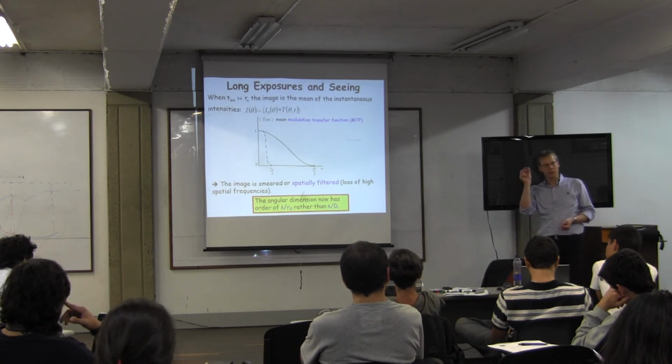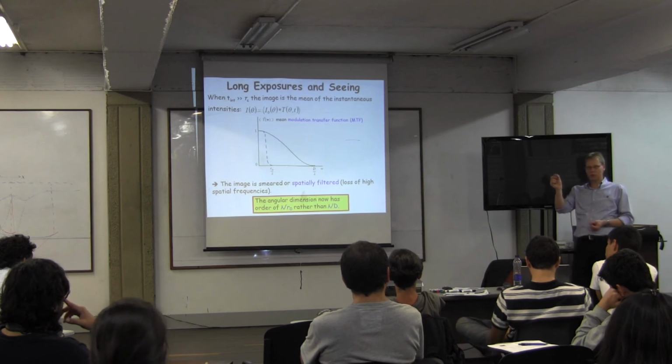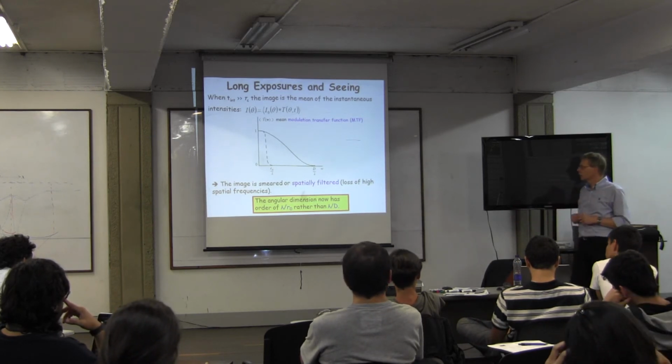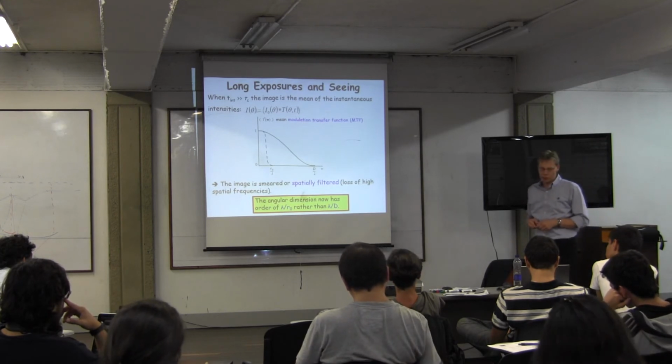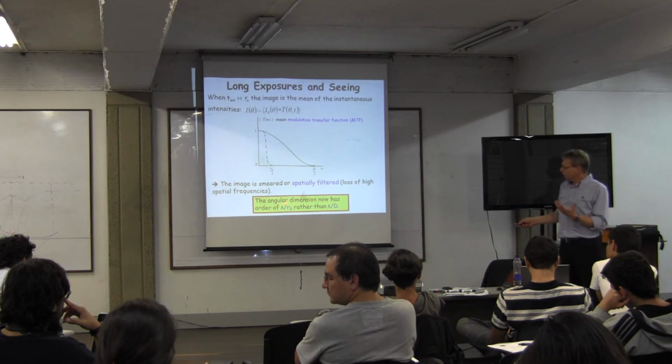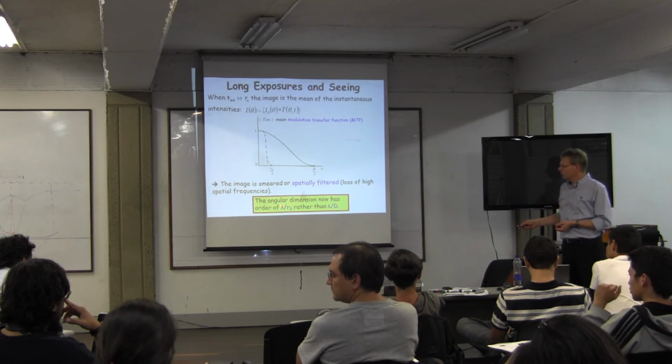So you have a very tiny distance in between. Small distance means high spatial frequencies, and this will be lost. You cannot separate them.